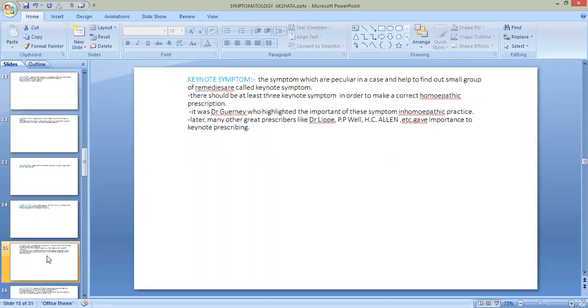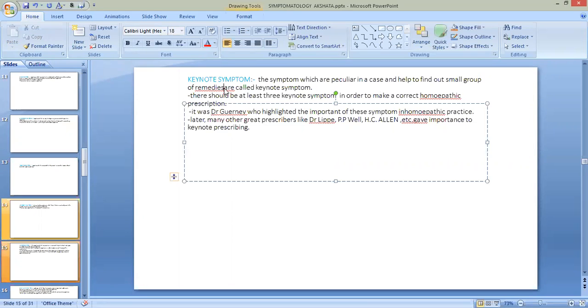Then keynote symptom. All we know about the keynote symptom: the symptoms which are peculiar in a case and help to find out a small group of remedies are called keynote symptoms.